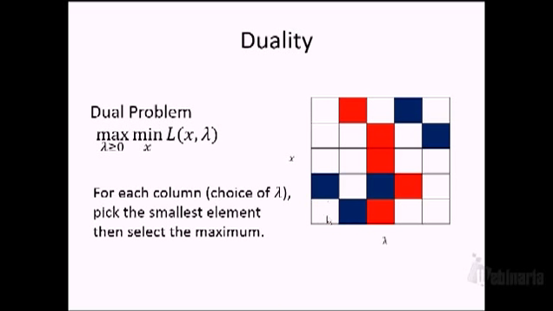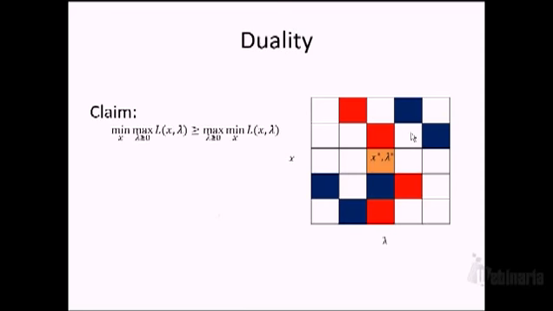So for each lambda, we choose the x that minimizes the Lagrangian, and from this minimization, we choose the lambda that corresponds to the maximum one. And now we claim that the primal is an upper bound on the dual.